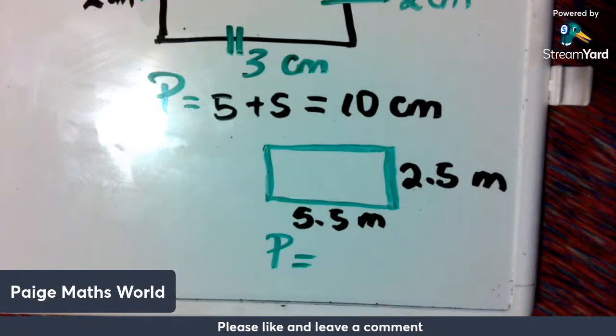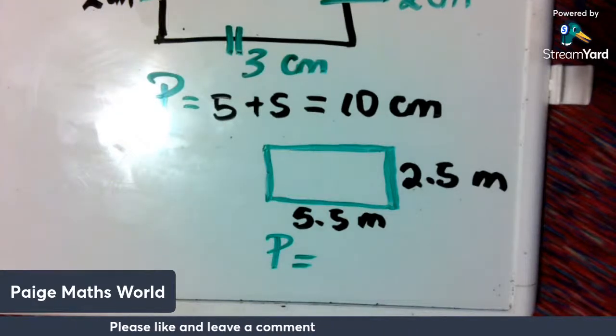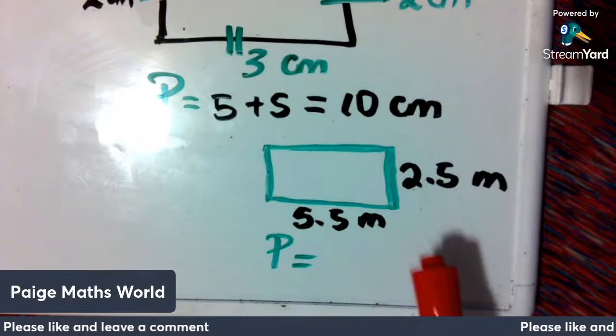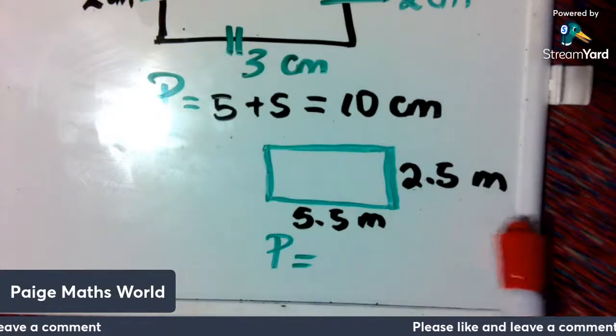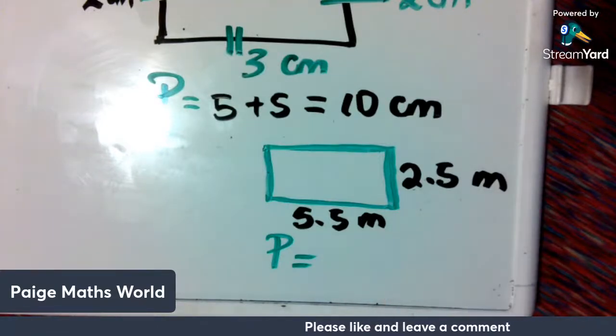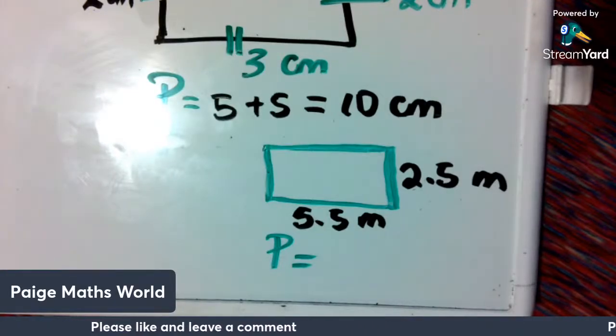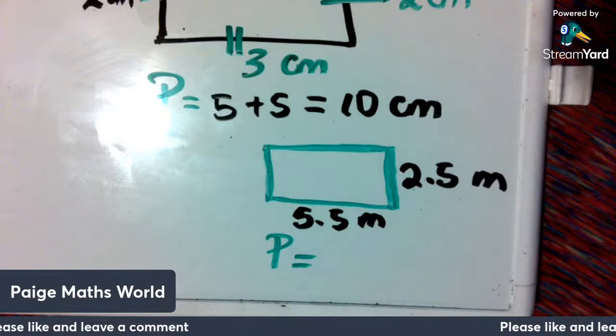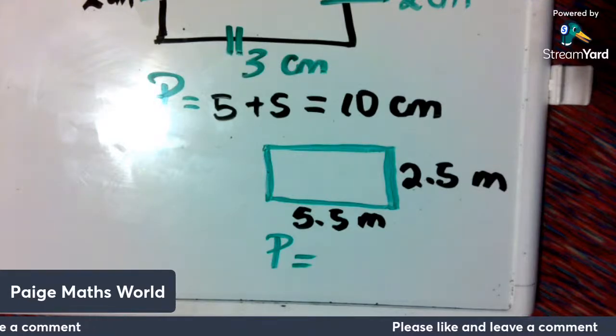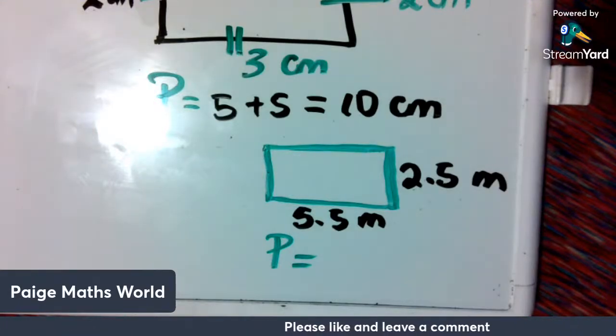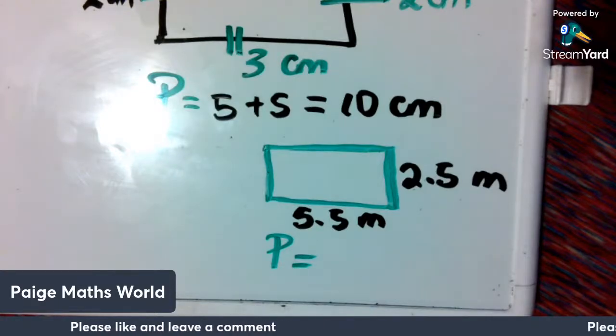All right, let me see some answers, please. So again, one side of your rectangle is 2.5 meters. The other side is 5.5 meters. What is the perimeter of this rectangle? All right, so I have a touch of Taryn with her answer in the chat. Waiting on the others to type theirs in. Remember, guys, you're looking for the perimeter.